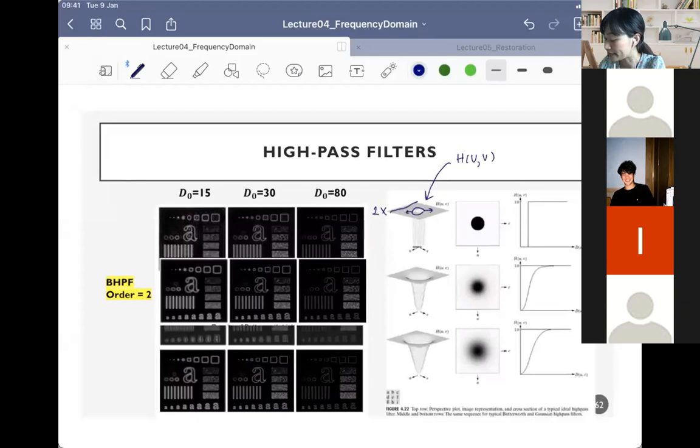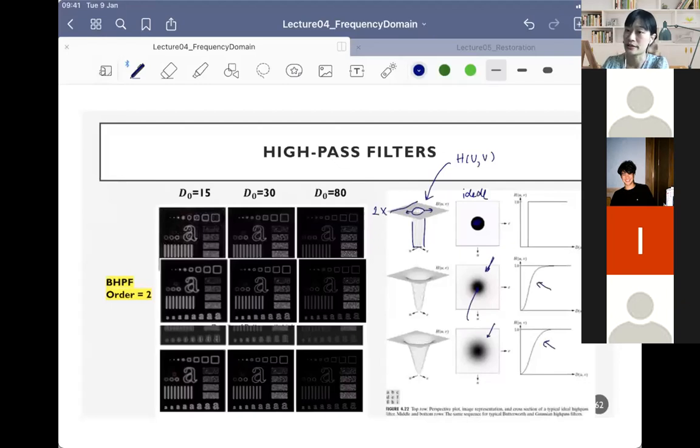But all the low frequencies are removed immediately because it is an ideal high pass filter. Whereas the Butterworth and the Gaussian are quite smooth. So you're not removing the low frequencies immediately, just gradually removing some of the low frequencies, just like here.